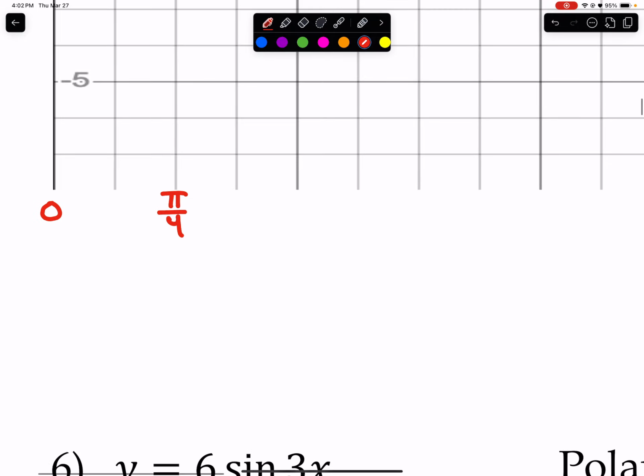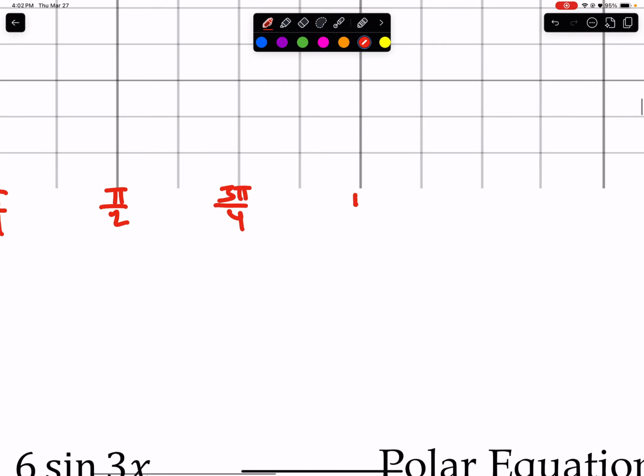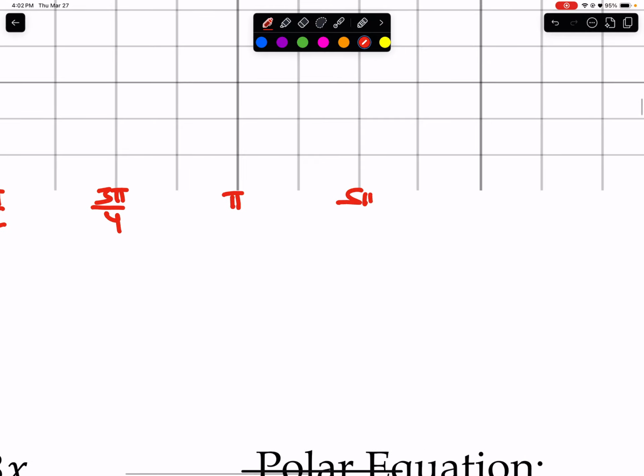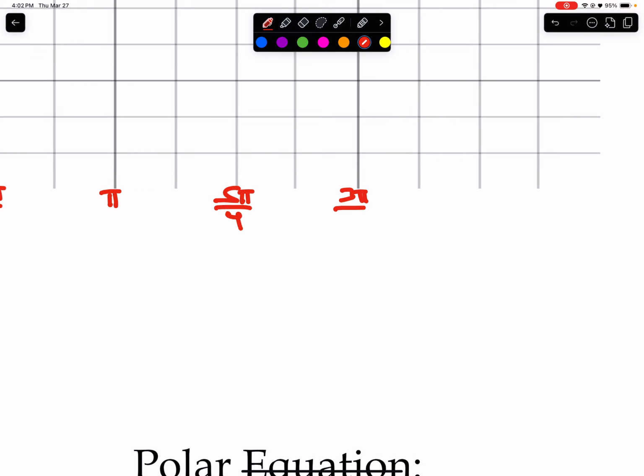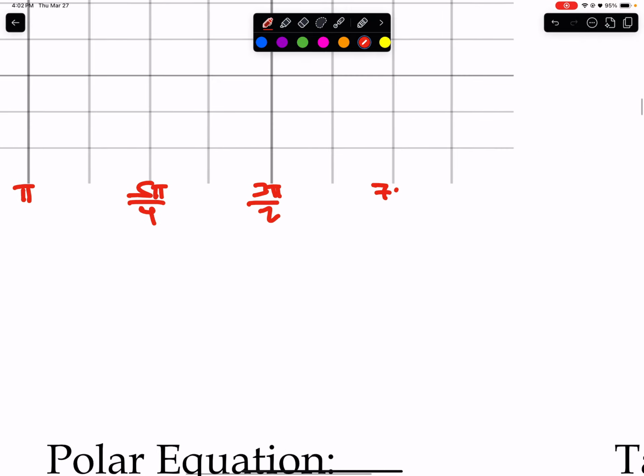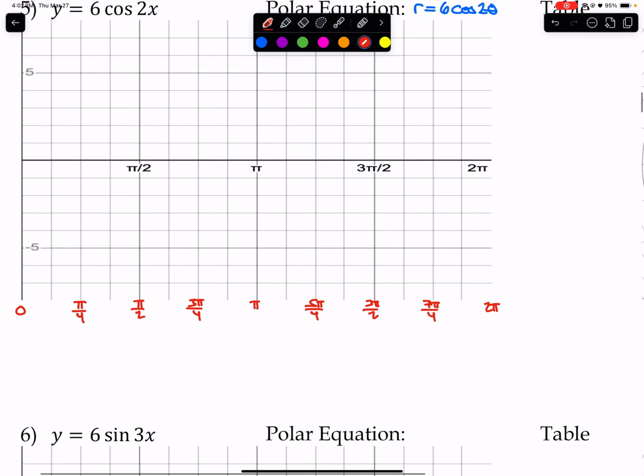So we have 0, pi over 4, 2 pi over 4, which is pi over 2, 3 pi over 4, 4 pi over 4, which is pi, 5 pi over 4, 6 pi over 4, which is 3 pi over 2, 7 pi over 4, and last but not least, we have 2 pi.